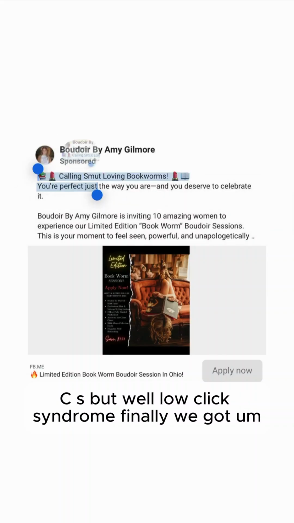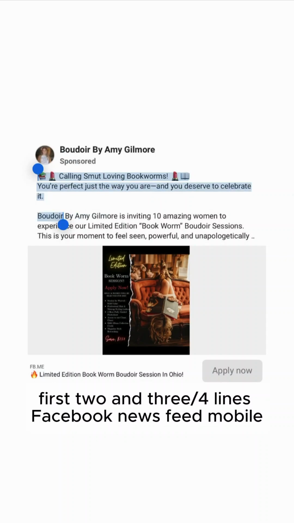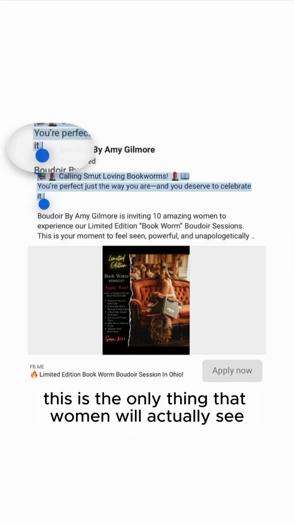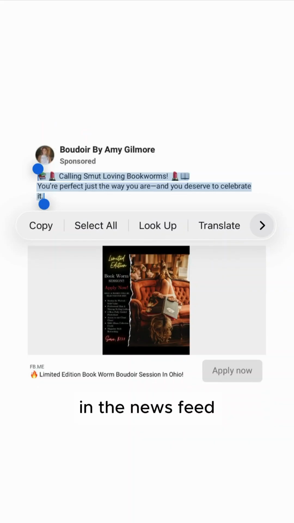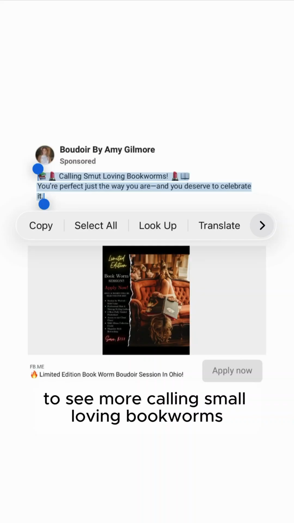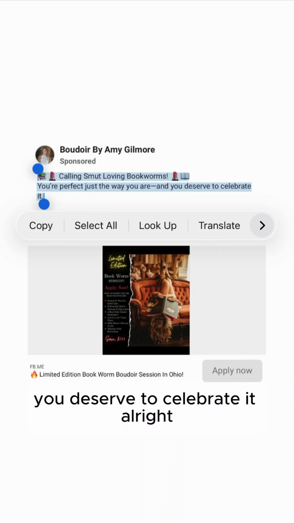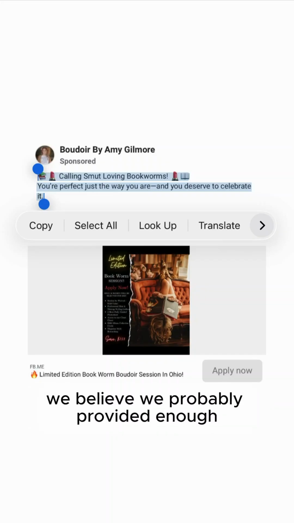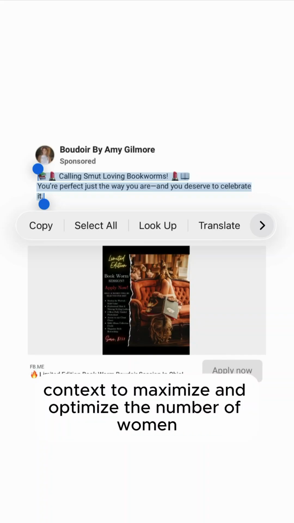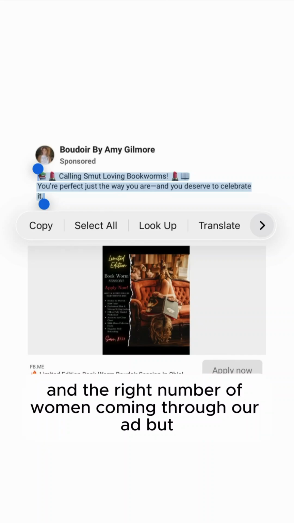Finally, we got the see more headline up here. The first two and three-quarter lines on the Facebook newsfeed mobile is the only thing that women will actually see in the newsfeed before they click to open more to see more. "Calling small 11 bookworms. Just deserve to celebrate it." All right, so small amounts of context here. This is the lack of context mistake. The false belief that caused us to make this mistake is we believe we provide enough context to maximize and optimize the number of women, and the right number of women, coming through our ad.